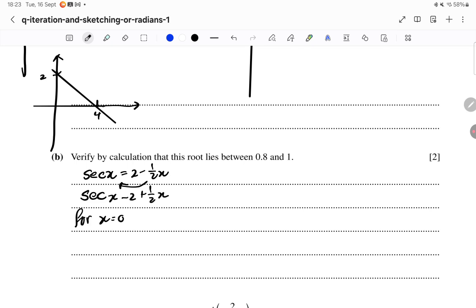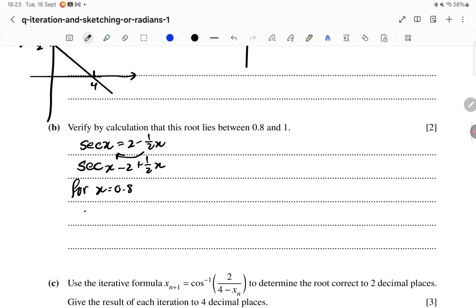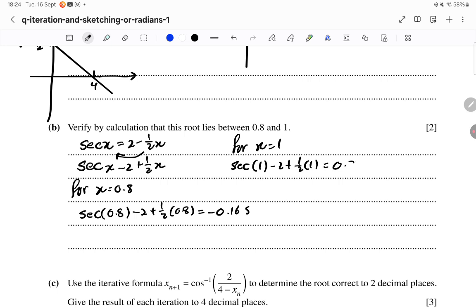For x equal to 0.8, I'm getting negative 0.165, and for x equal to 1, secant 1 minus 2 plus 1 over 2, I'm getting 0.351.